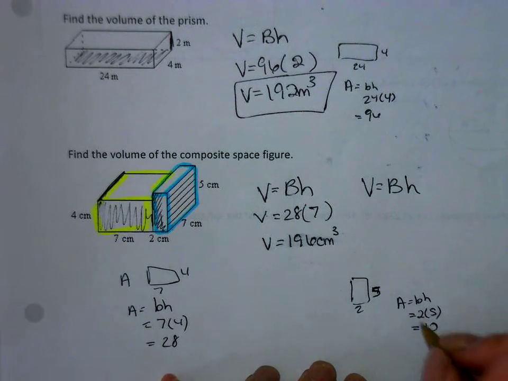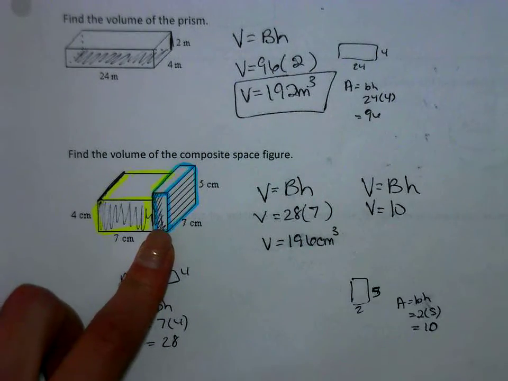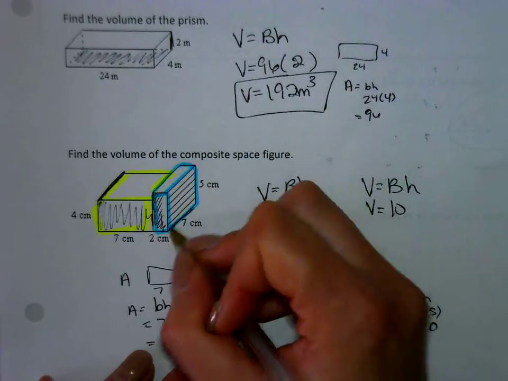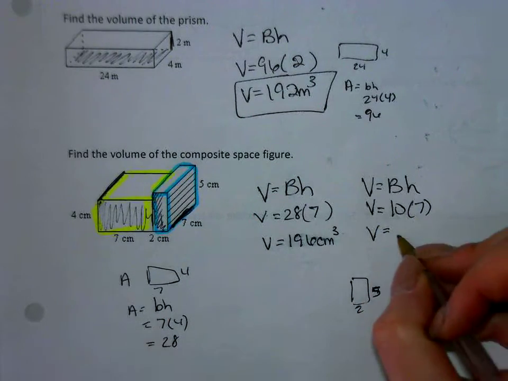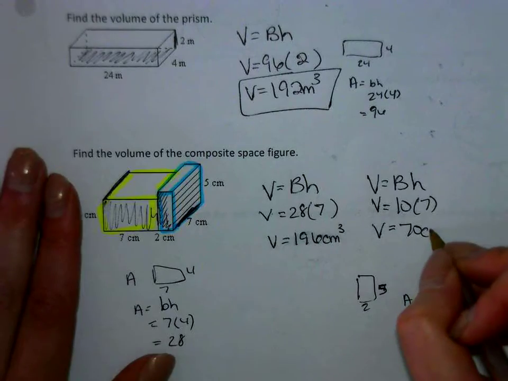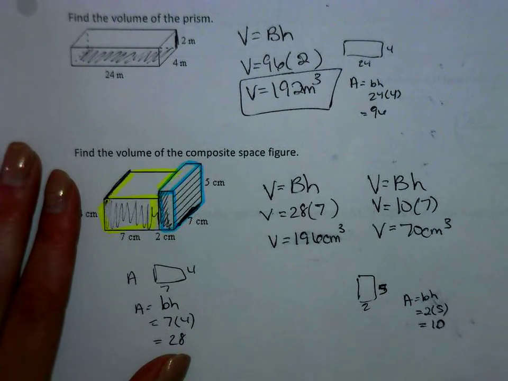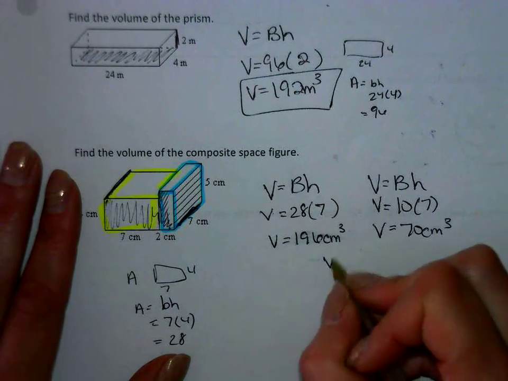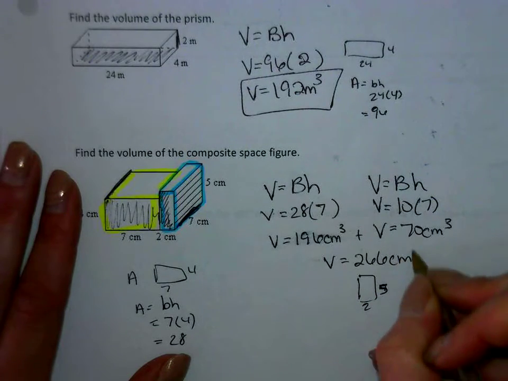So the area of this base is 10. And then the height, which is the distance between our two bases, is 7. So 10 times 7 is 70 centimeters cubed. Then to find the volume of our composite figure, we take the 196 and add 70. So the volume of both is 266 centimeters cubed.